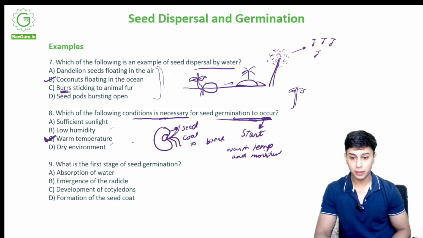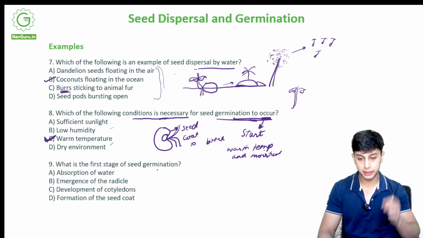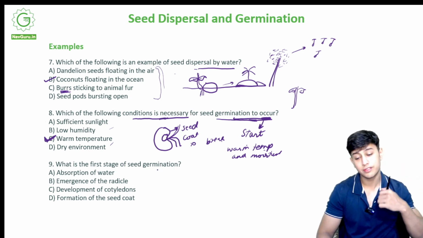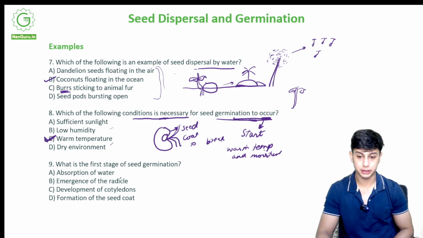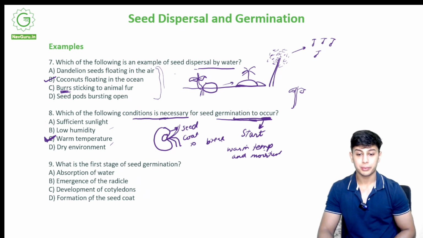Alright. Now, what is the first stage of seed germination? Absorption of water, emergence of the radicle, development of cotyledons, formation of the seed coat. So cotyledons, the spelling is important.